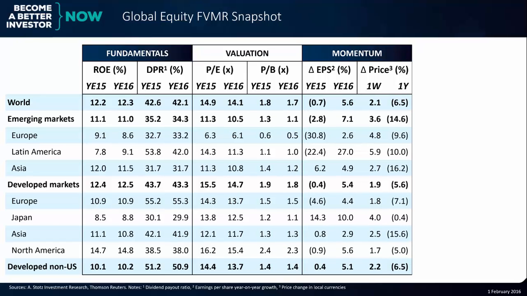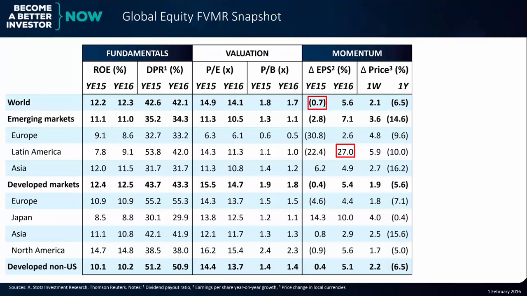Earnings momentum, we're looking at 2015 and expectations for 2016, which is coming from consensus. Then we look at price short-term, 1 week, and price long-term, 1 year performance. We can see here that the world EPS growth in 2015 was slightly under 0 at 0.7.